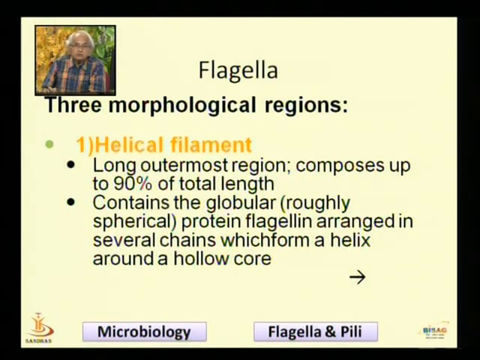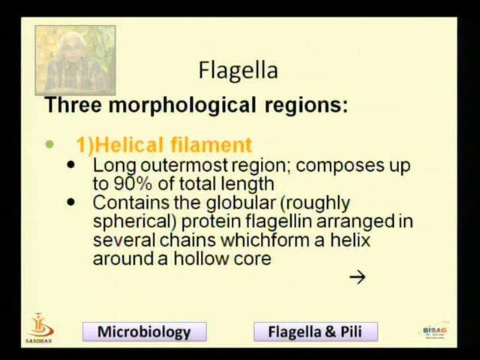The filament part of the flagella is made up of a protein which is called flagellin protein, and as we will see later in a video, the flagella has a tendency of growing at the tip. That is, when the flagellar growth takes place, the individual flagellin units are always added into the growing filament structure such that the latest one goes and places itself at the tip of the flagellum.